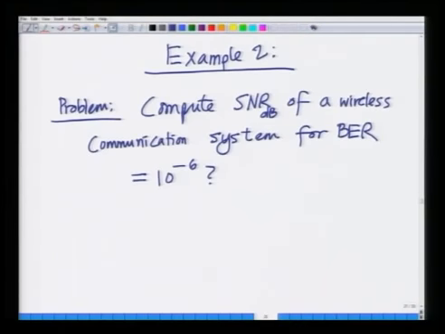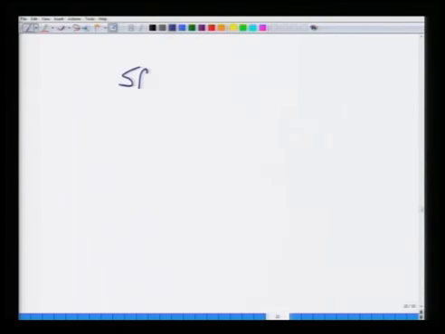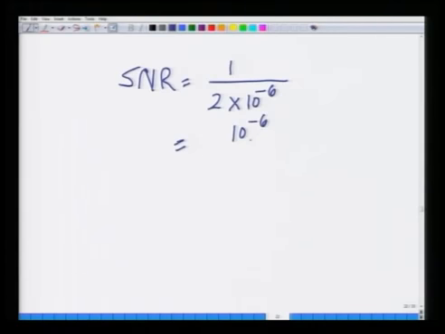We know that bit error rate in a wireless communication system is given as 1 over 2 SNR. Hence, a bit error rate of 10 power minus 6 corresponds to 1 over 2 times SNR, which means SNR is 1 over 2 times 10 power minus 6, which is essentially 10 power plus 6 divided by 2.